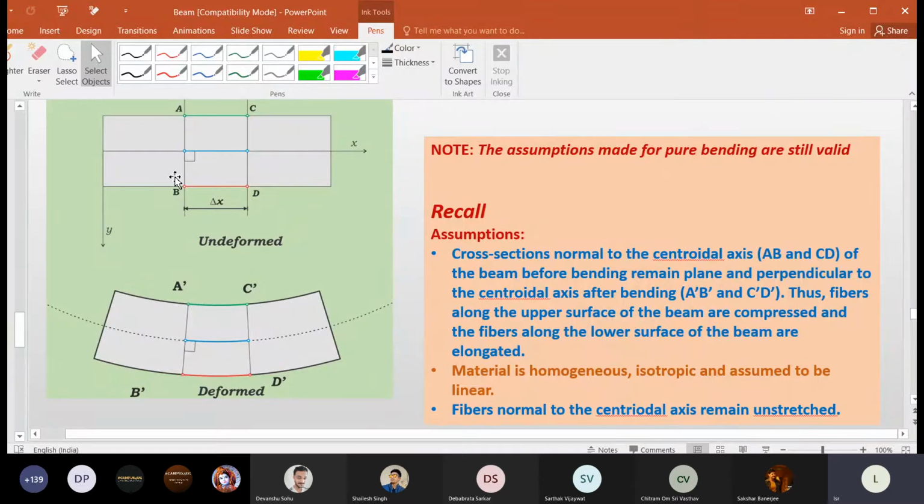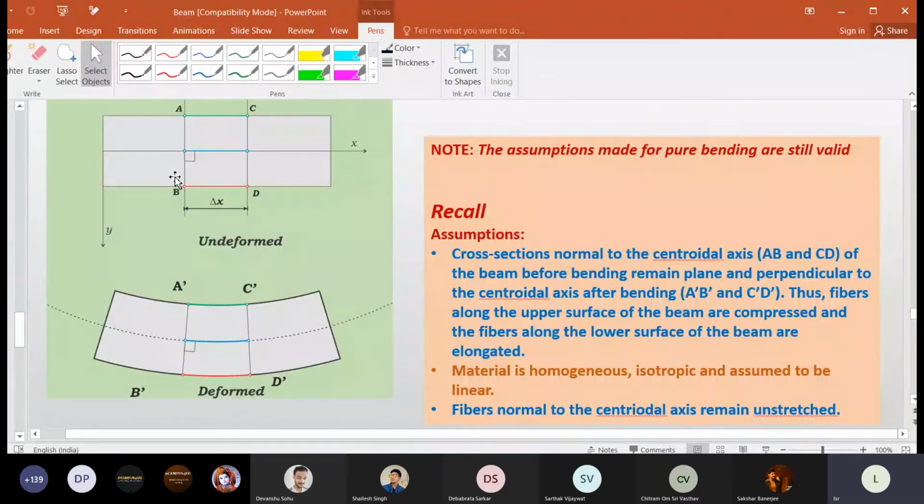Similarly, these assumptions were made based on some experimental evidence. And nowadays, with sophisticated experimental equipment, these assumptions are verified to a great extent.